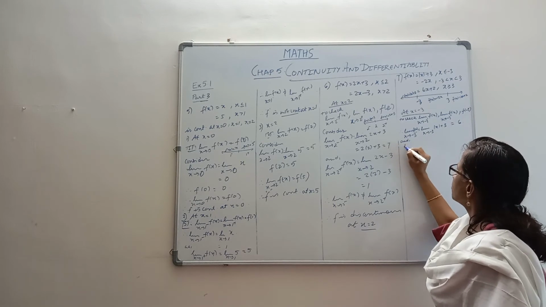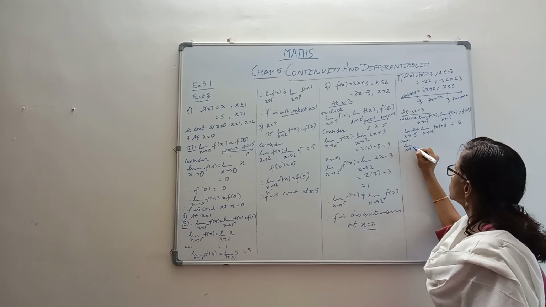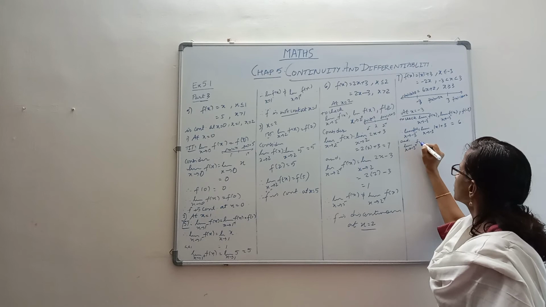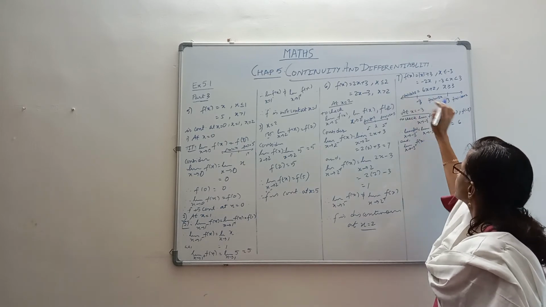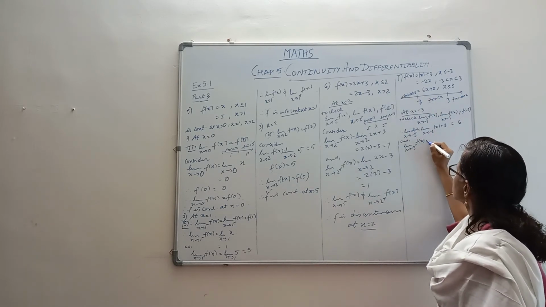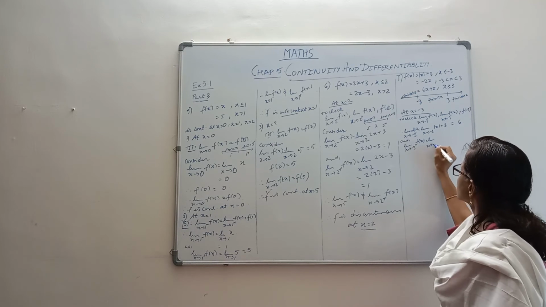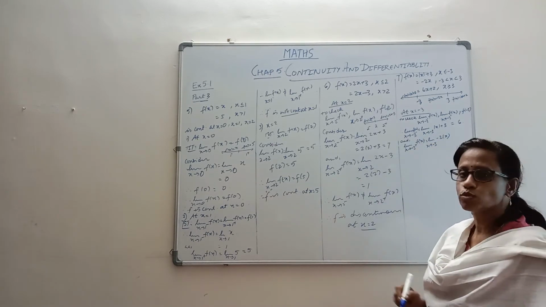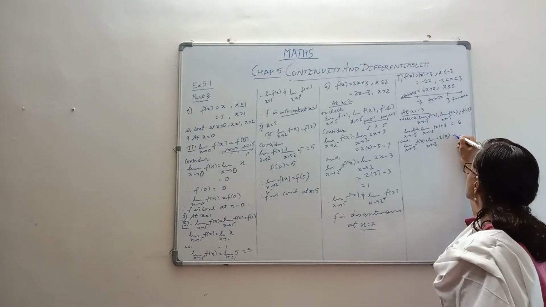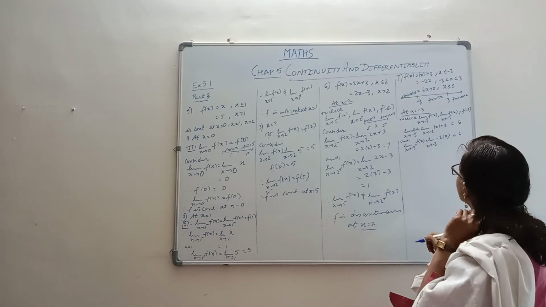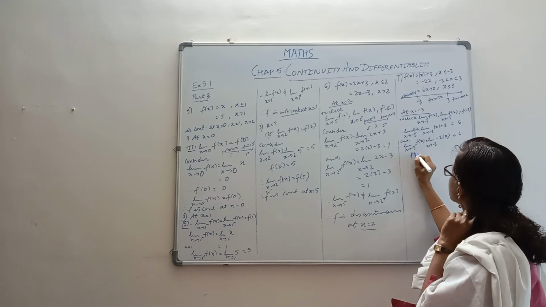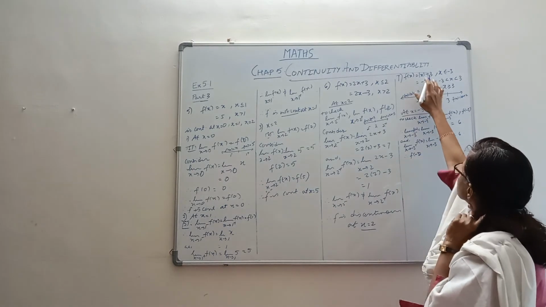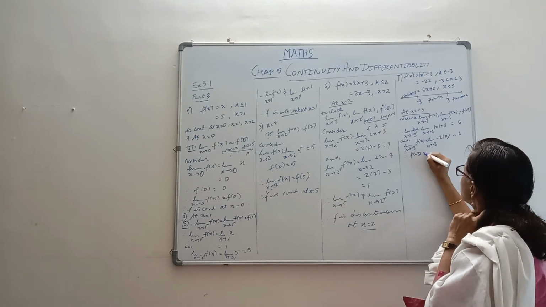And limit as x tends to minus 3 from the plus side, that means on this side, we know it is minus 2x. X tends to minus 3, so minus 2 into minus 3 is plus 6. And f at minus 3 is the same as this definition, so that is also going to be 6.